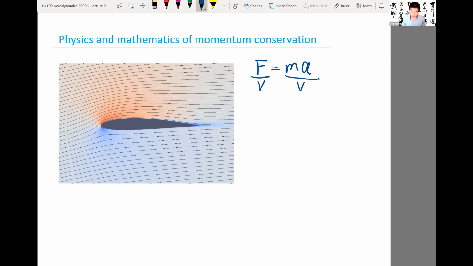And we basically look at a very small particle fluid or a very small kind of area of fluid in this case. And V is the volume of the fluid. So this is usually how we do it.